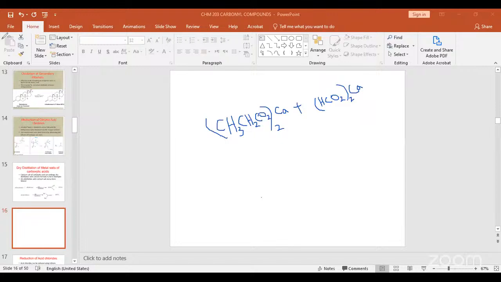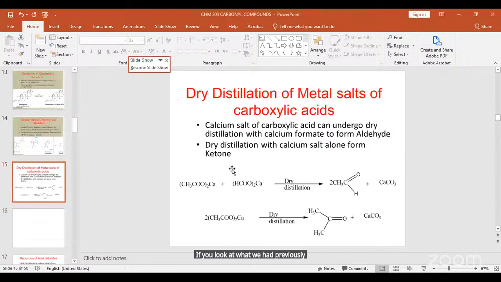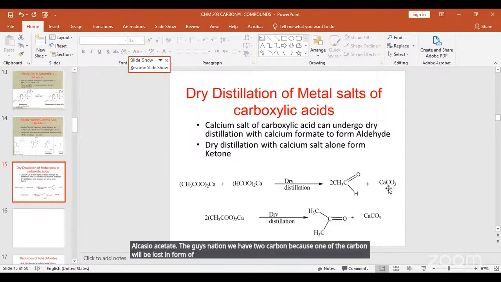How many carbon atoms do we have there? Propanol. That's it. If you look at what we had previously, when we have dry distillation of calcium formate and calcium acetate, one of the carbons will be lost in the form of calcium carbonate.